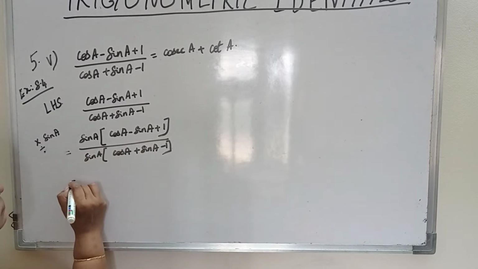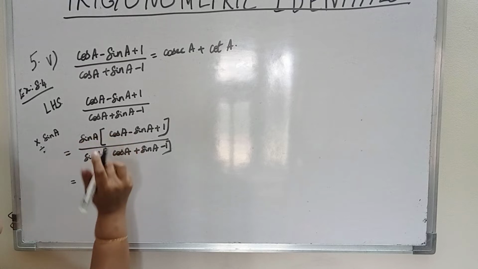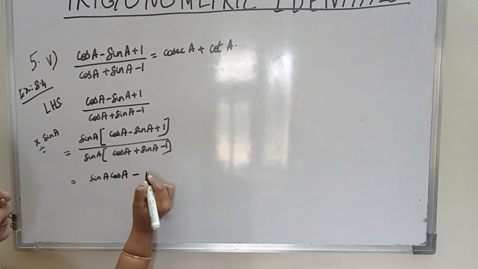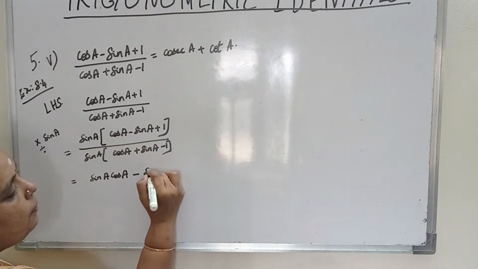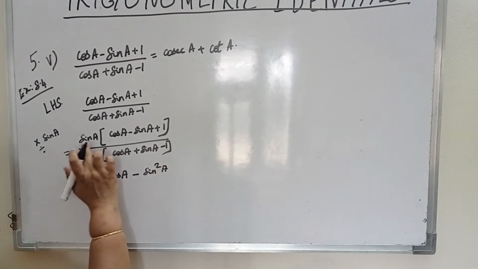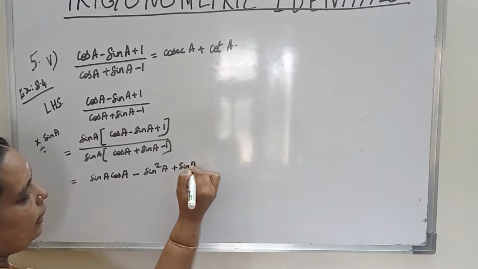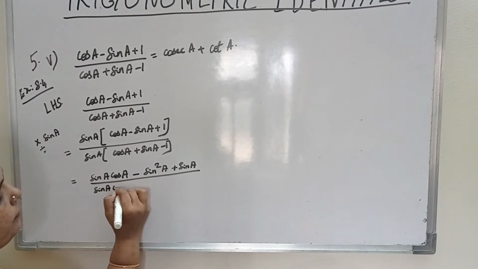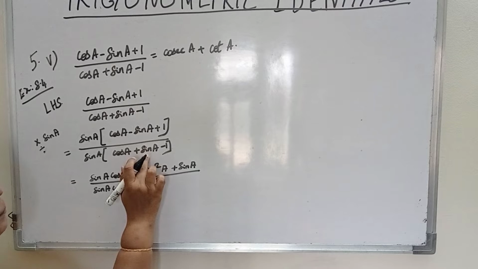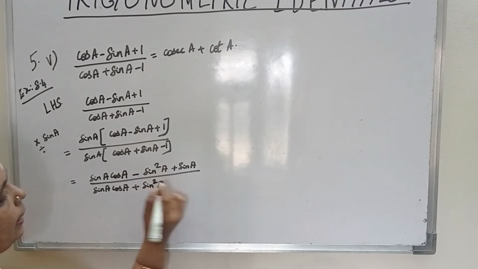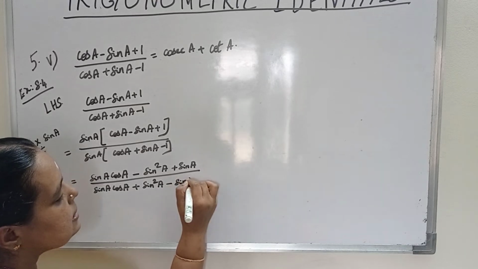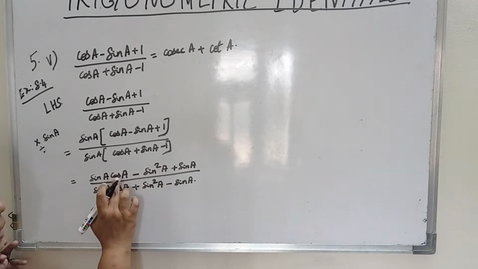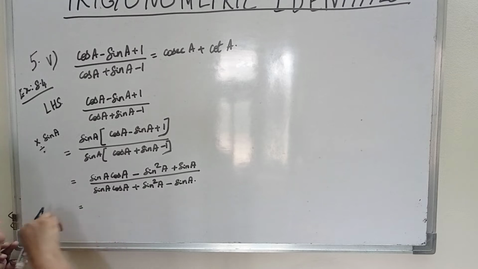So in the next step, multiply each element by sin A. Sin A into cos A, sin A cos A, minus sin A into sin A, minus sin square A, sin A into plus 1, plus sin A, by sin A into cos A, sin A cos A, sin A into plus sin A, plus sin square A, sin A into minus 1, minus sin A. Now we will take this plus 1 plus sin A near here and minus sin A near here, that is for our comfort.